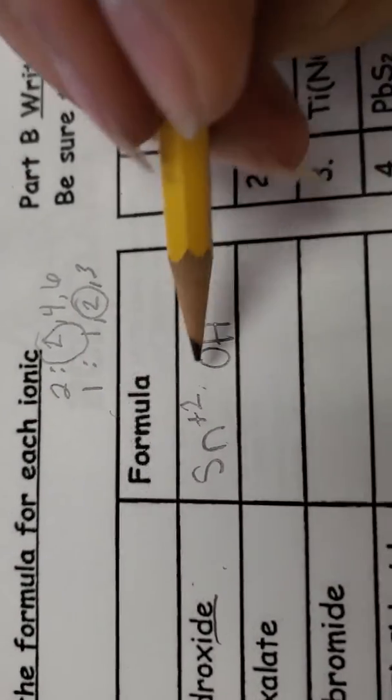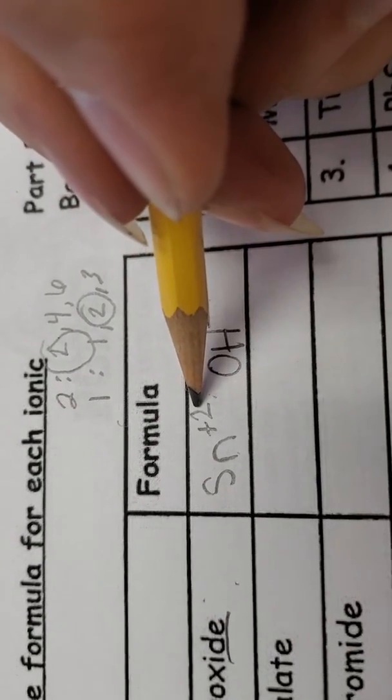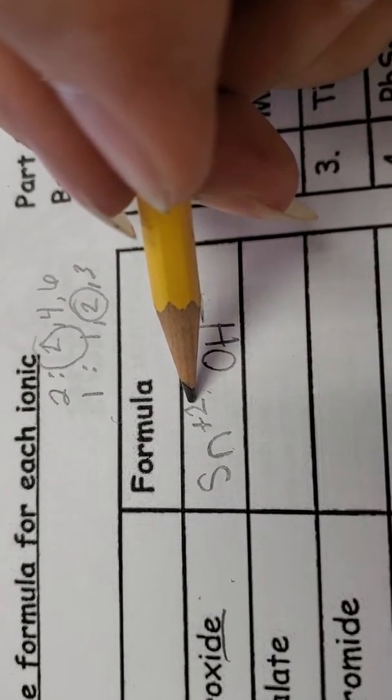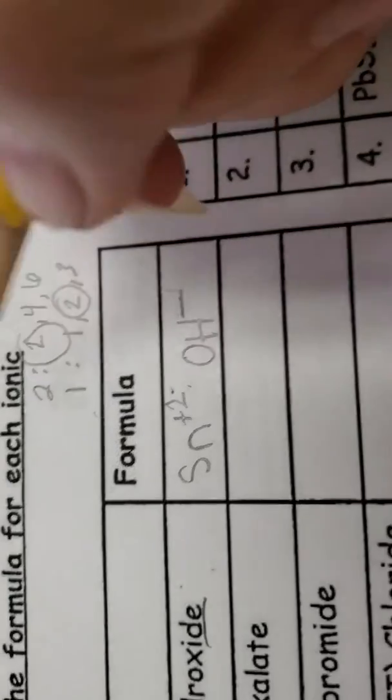So I need to multiply this number by something to give me 2. Well, 2 times 1 gives me 2. Negative 1. Well, 1, because it's negative 1, even though the 1 wasn't written, times 2 will give me 2.